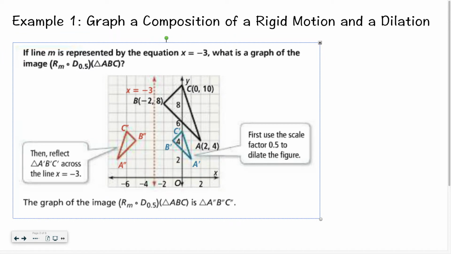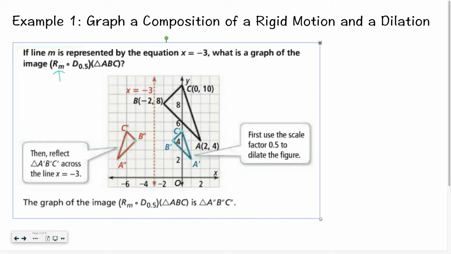Then they did the second part of this transformation. Or the second part of the composition, which was the reflection over line M. So they said, okay, here's B prime. It is 2 units away from my vertical line of reflection. So I'm just going to count 2 units in the other direction.